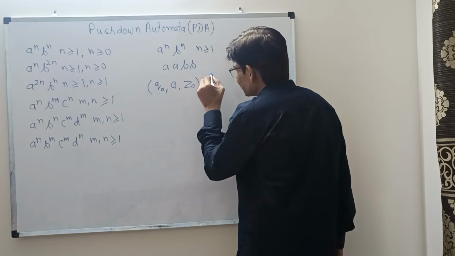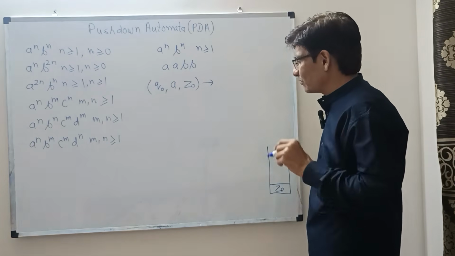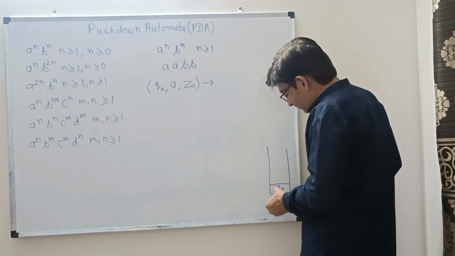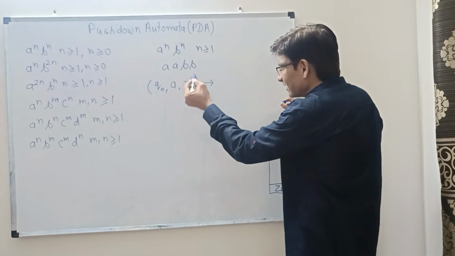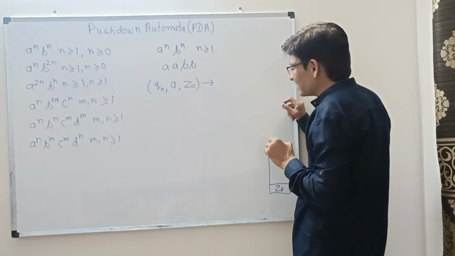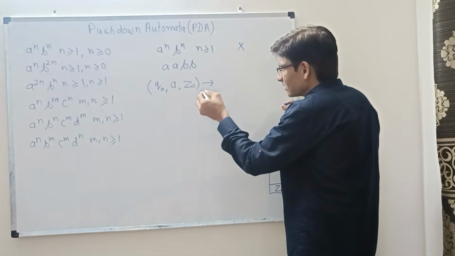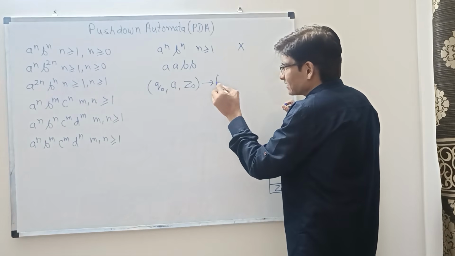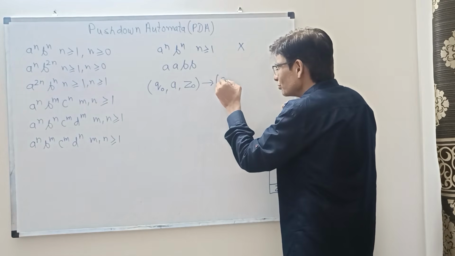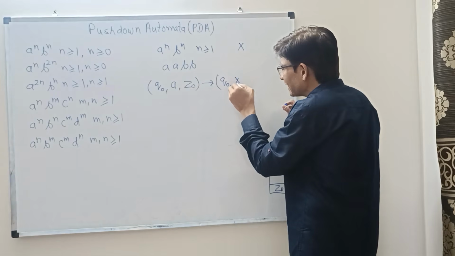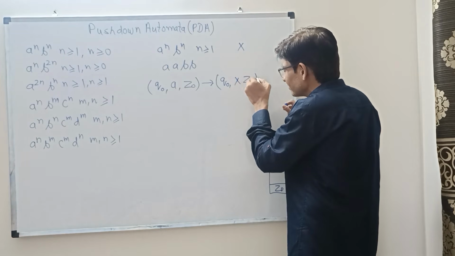Then in this particular situation, what we have decided is whenever we are reading a, we will push one X into the stack. So here we will mention it like this: we will stay in Q0 and we will push one X into the stack.